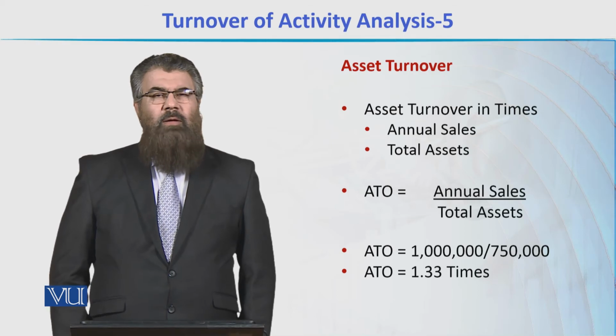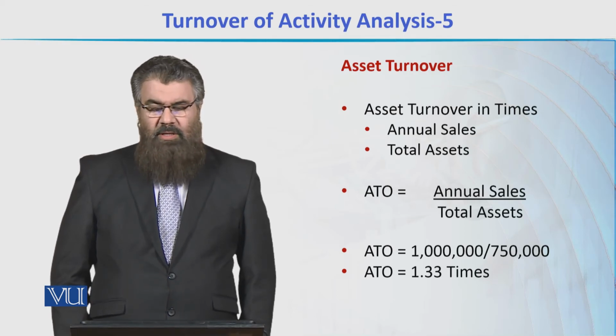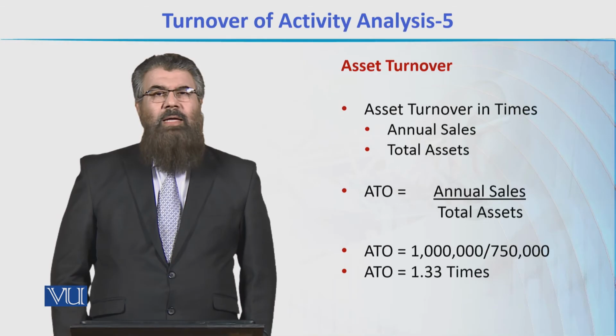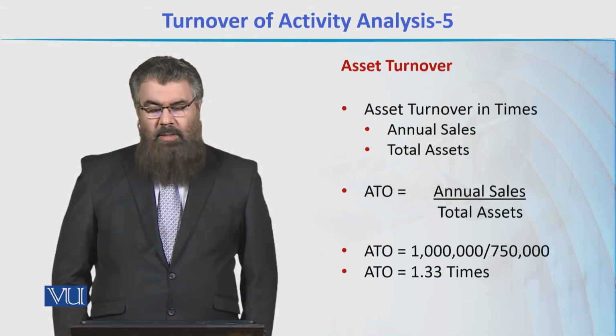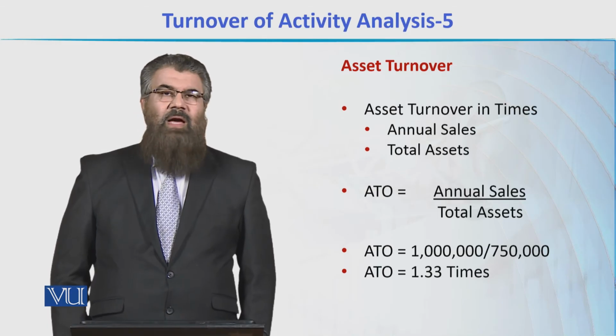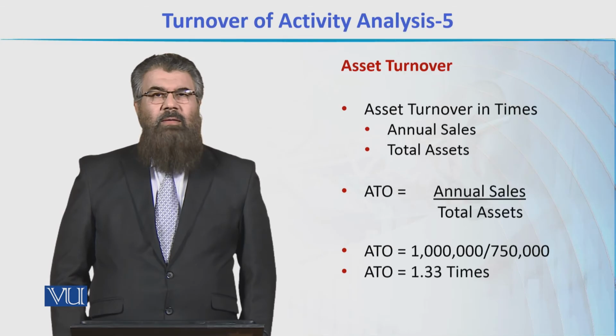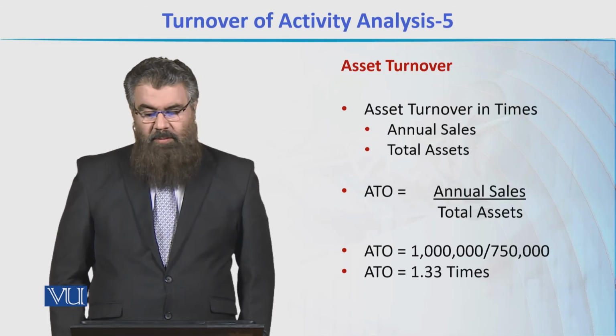This is the formula of the asset turnover ratio, where we take the annual sales and the figure of total assets. When we divide the annual sales by the total assets, we get the asset turnover ratio.